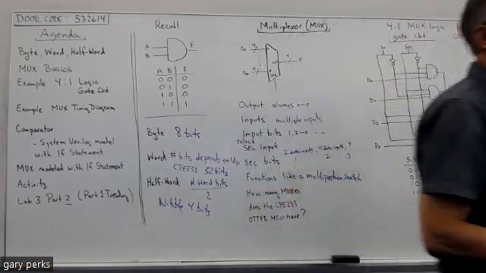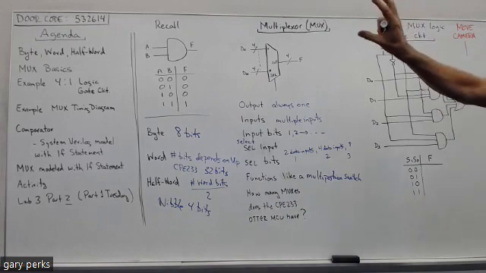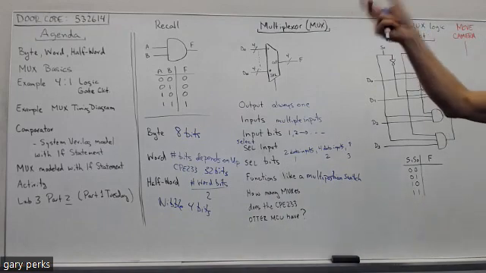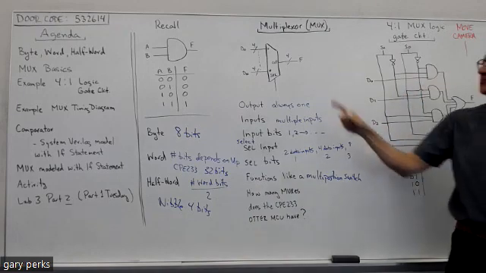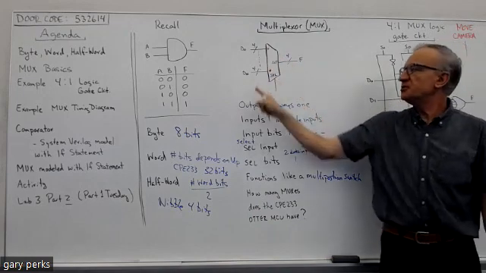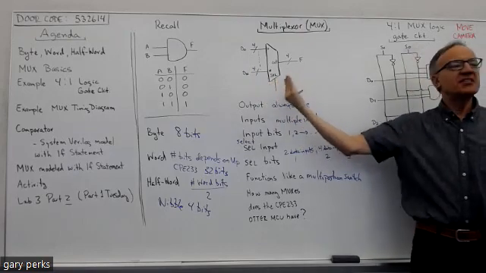Probably the most familiar multi-position switch that you've run across is a manual hand dial. A hand dial you manually turn to select from multiple things. You select one of those multiple things. Well, the mux chooses between multiple data inputs with the select bits.